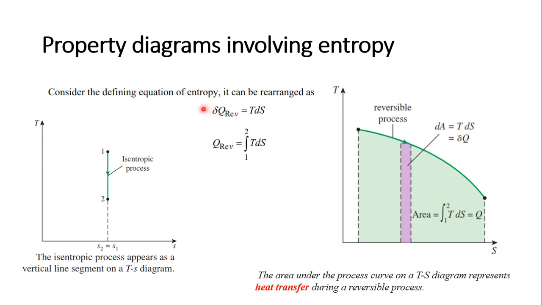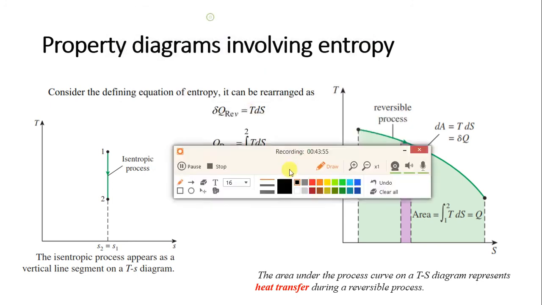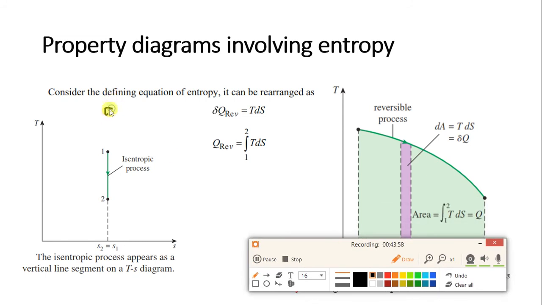Now what is the definition of entropy which we had seen earlier? ds is equal to del QR by T. Taking this T on this side, del QR will be equal to T ds. So here the same thing is written: del QR is equal to T ds.